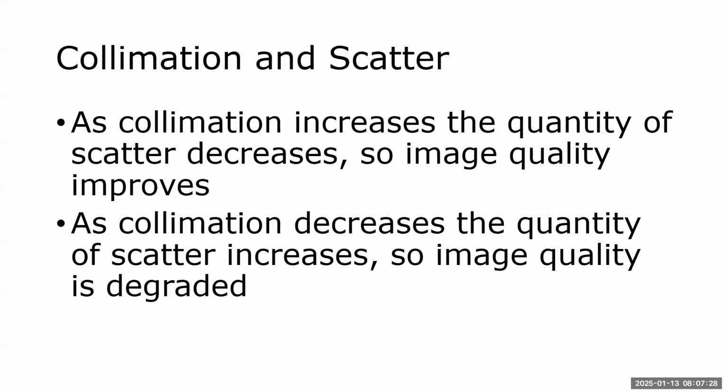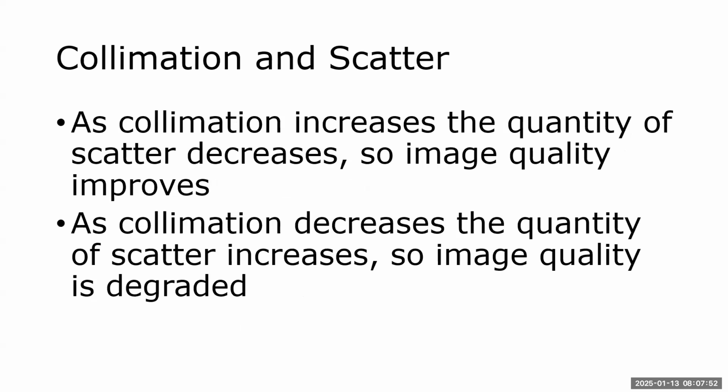So let's talk about collimation and scatter. As collimation increases, meaning we're collimating more, the quantity of scatter decreases, so image quality improves. When we collimate more, we're going to have less field size being exposed, less matter, so we're going to have less scatter.